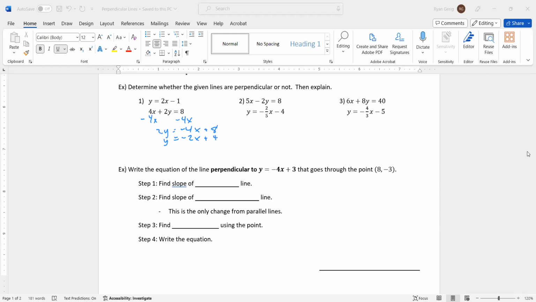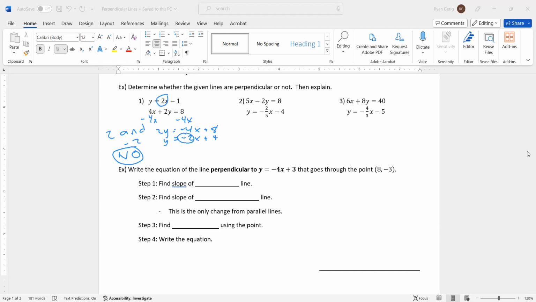All I need to look at for perpendicular is their slopes. So negative 2, and the first one was 2. So 2 and negative 2. Does that fit the criteria of making perpendicular lines? No, it does not. Why not? Those are opposites only. They are not reciprocals.